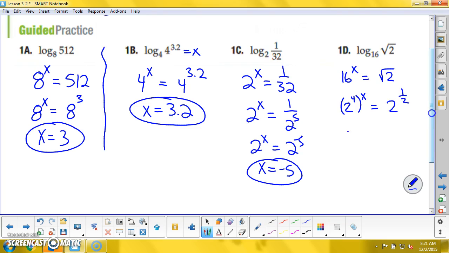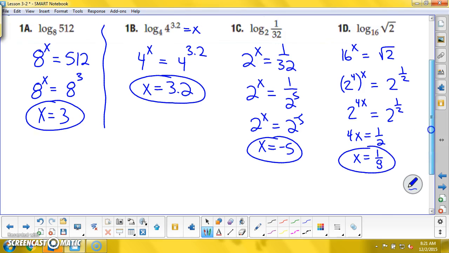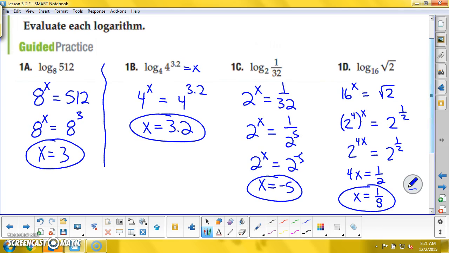So if we have 2 to the 4x equals 2 to the 1/2, since the bases are the same, we can set the exponents equal to each other, and if you solve, you'd get 1/8. So that's evaluating logarithms. What I've done in each of these is changed them from log form to exponential, and then from there worked out the value.